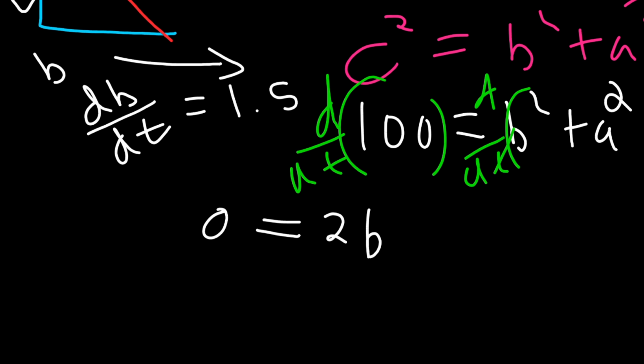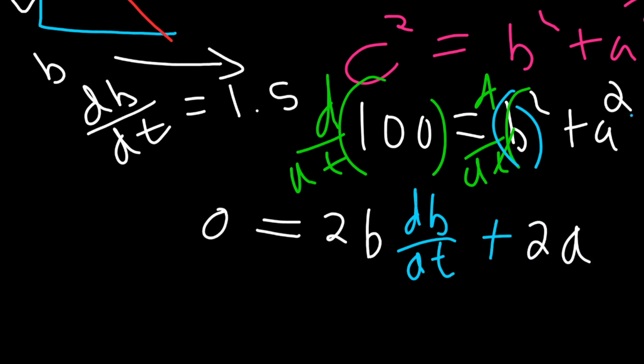Our chain rule is the derivative of the inside of this function, db over dt, plus 2a, chain rule again, the inside of the function, take its derivative.